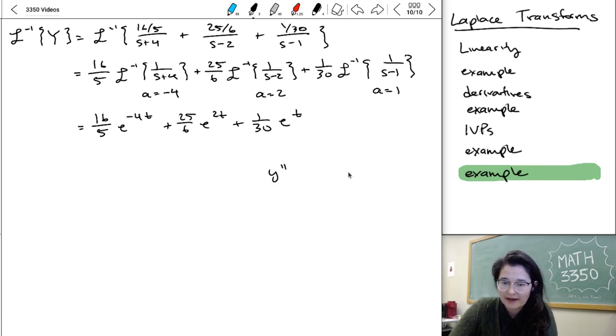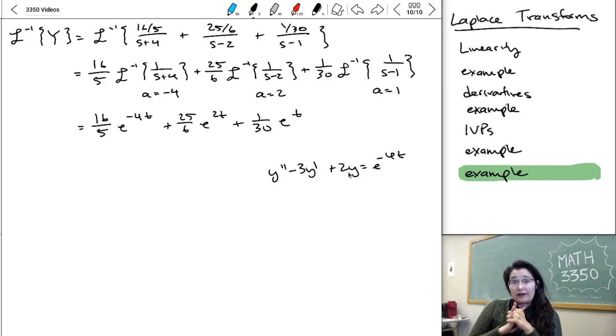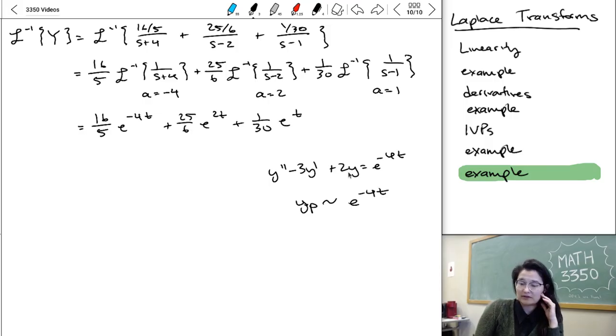I'll actually just go ahead and rewrite it here. So this is the problem we were solving, and if you think back to the last exam worth of material, we would have guessed the yp is something like e to minus 4t for undetermined coefficients. So that's this term.